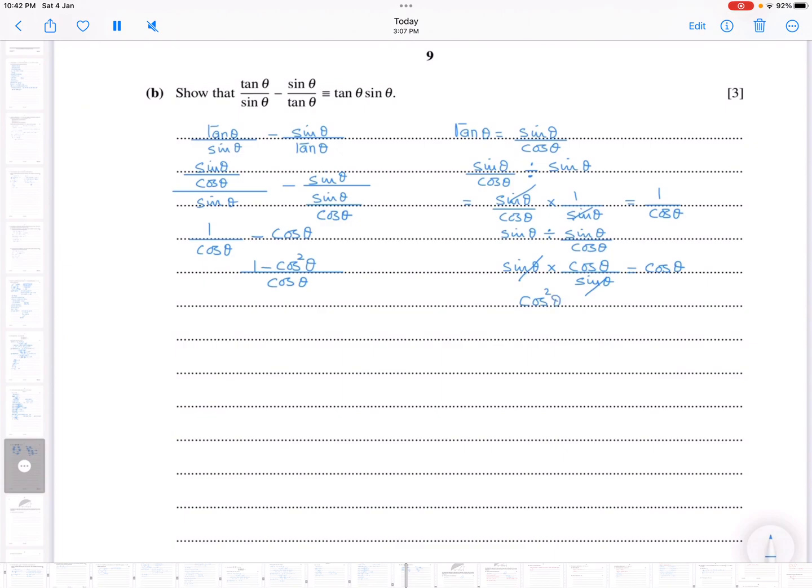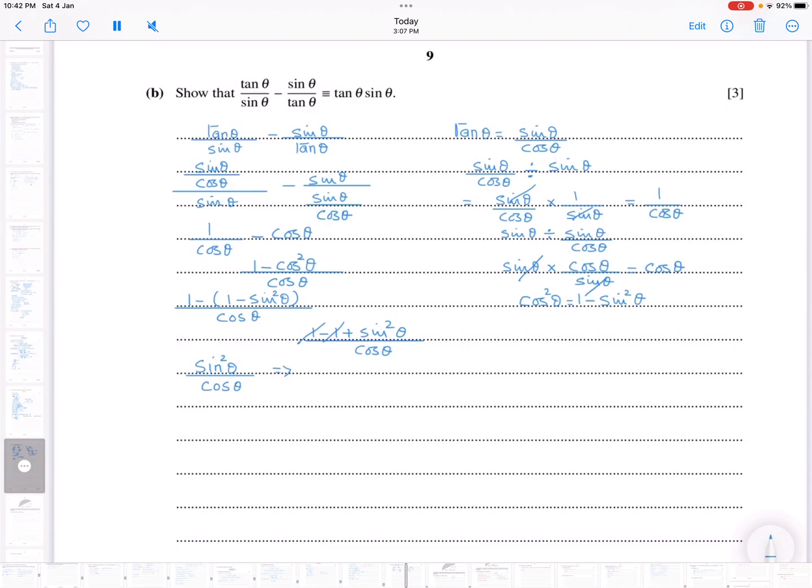So in place of cos square theta, I can write 1 minus sin square theta. Now 1 minus 1 plus sin square theta over cos theta. So 1 minus 1 gone. So sin square theta over cos theta. It means there are two sin thetas written.